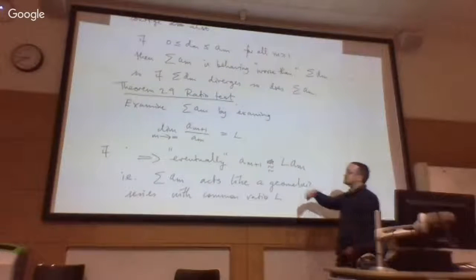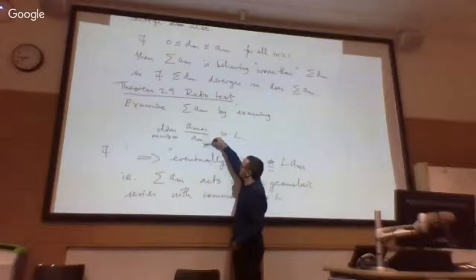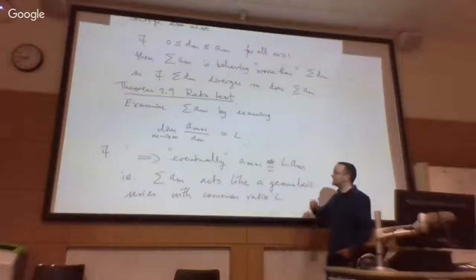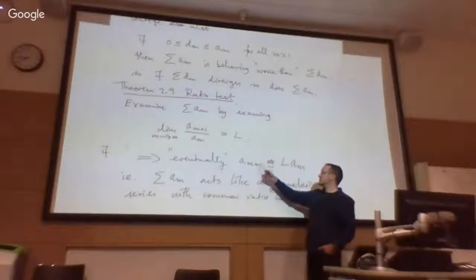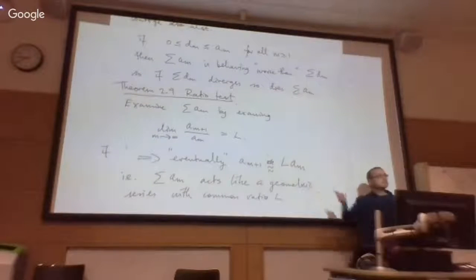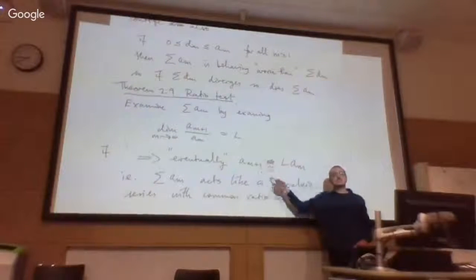So this ratio test says eventually the terms in our series will be L times the previous one, so this is acting like a geometric series.